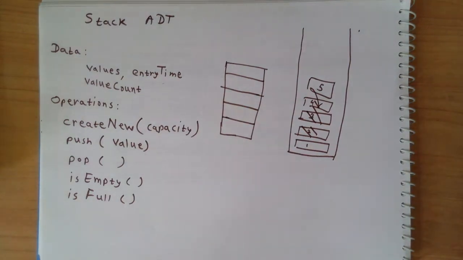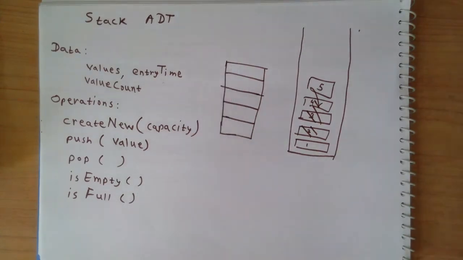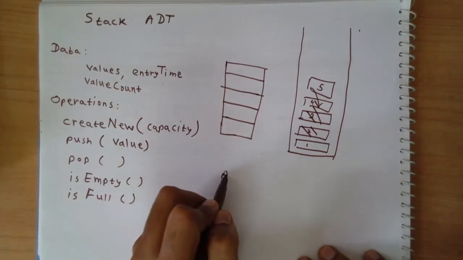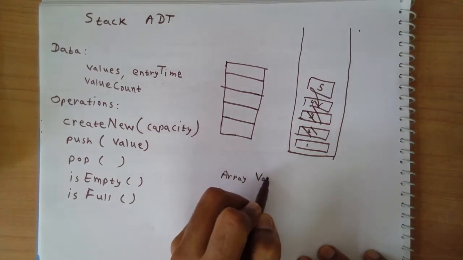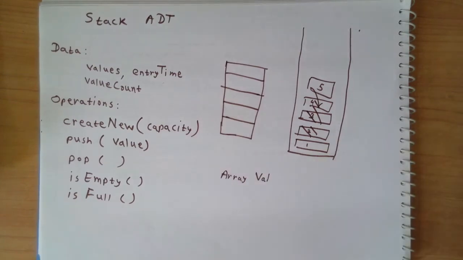And now let's think about the push operation. Now we have to ask the question, how am I going to store these values and these entries? For this particular implementation, I'm going to have an array of values. I'm going to call it array val.